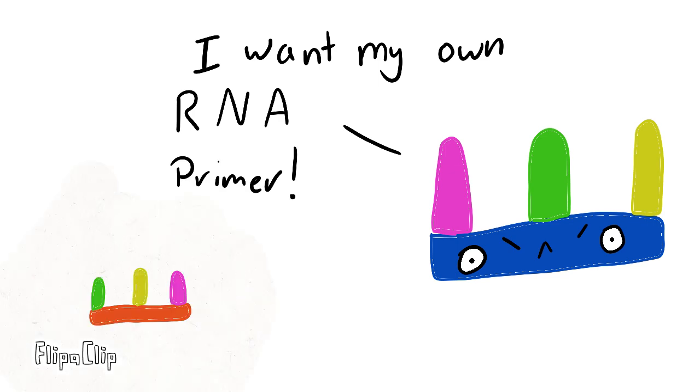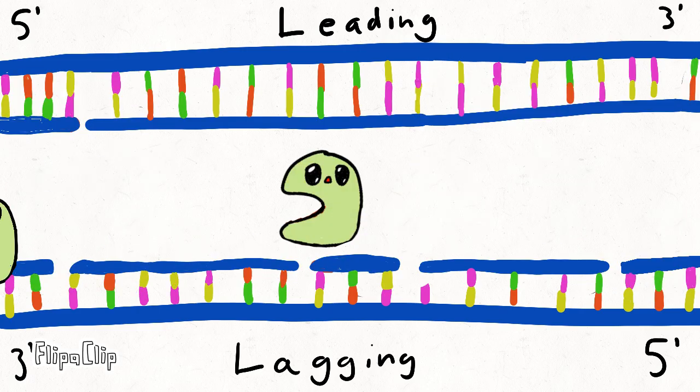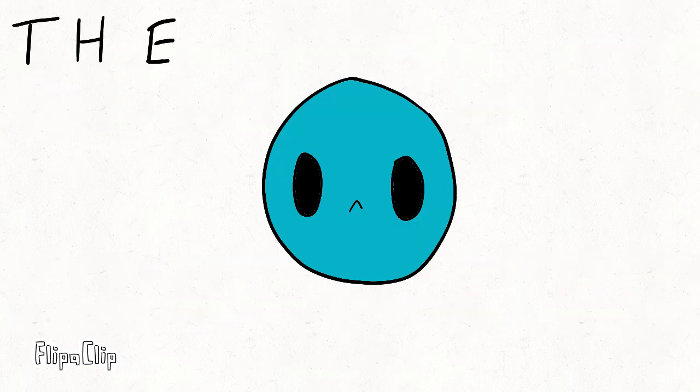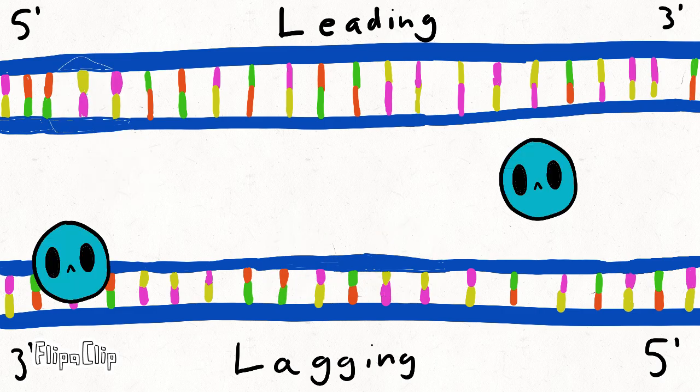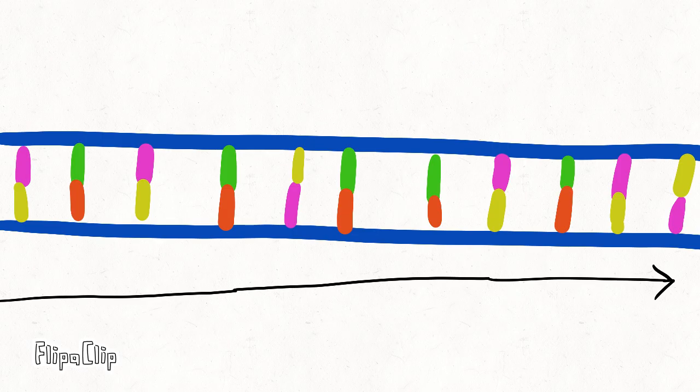Each Okazaki fragment requires its own RNA primer. After the fragments are formed, DNA polymerase I removes the RNA primers and replaces them with DNA nucleotides. Then, the enzyme DNA ligase seals the gaps between fragments by forming phosphodiester bonds, creating a continuous strand of DNA.